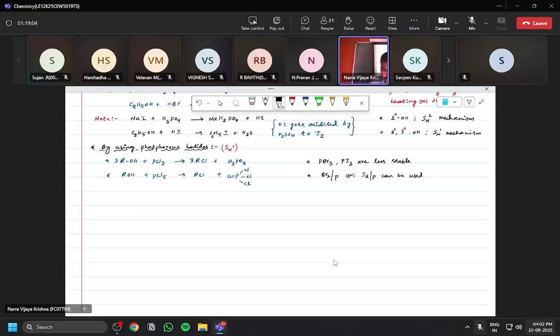Next one, sir. Again, we are seeing preparation of alkyl halides from alcohols. Now, by using thionyl chloride, means SOCl2.